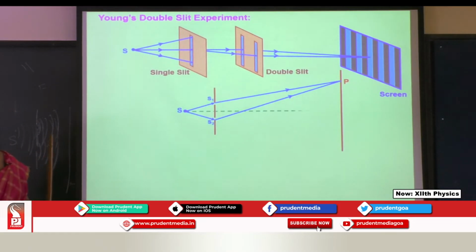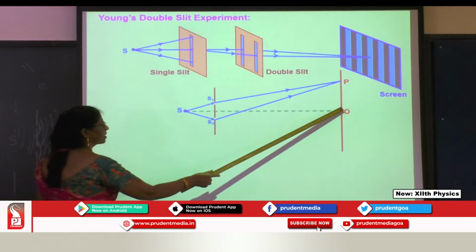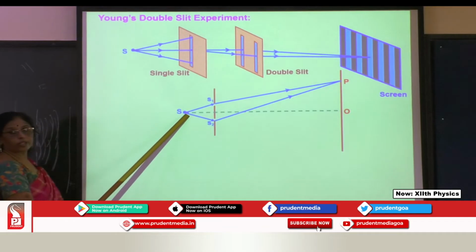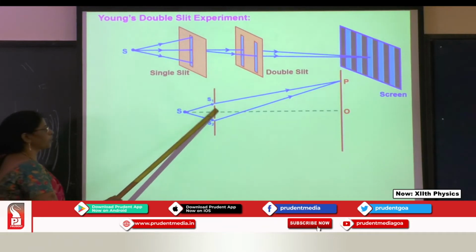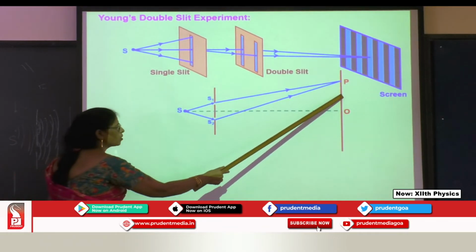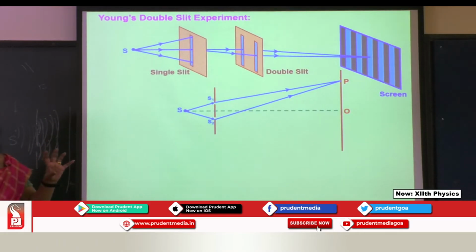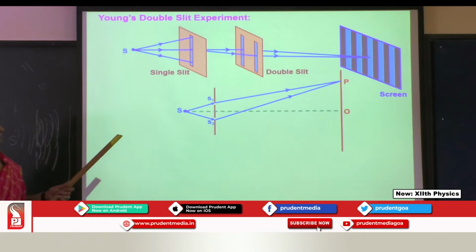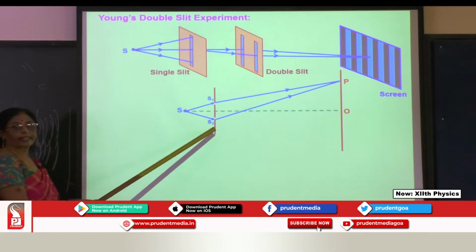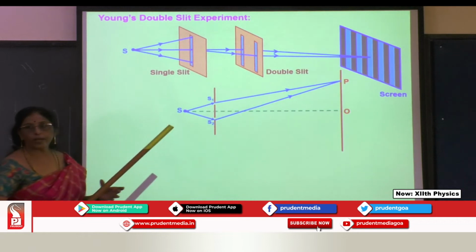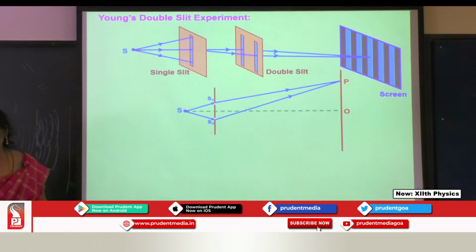Now when you consider the path difference, S to O is the center. Suppose if this is not there, the source of light S emits waves like this and they strike the screen with a bright spot on the screen. But because of the slits, they interfere at this point and give rise to bright or dark fringes.